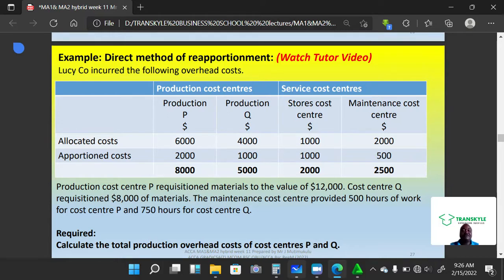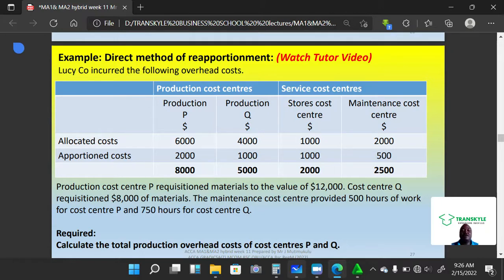So you're given those figures, and like I said in one of the lectures, the examiners, when it comes to costing, are examining if you can play around with figures, if you can make sense out of those figures in front of you. That's the tricky bit of it. Production cost center P requisitioned material to the value of $12,000.